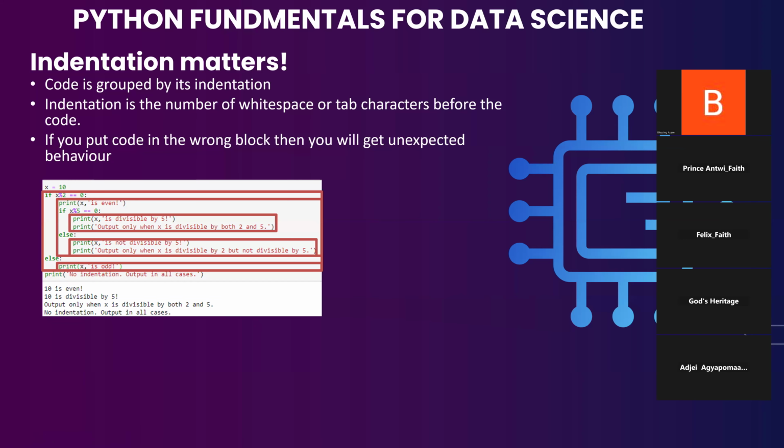So in this example, let's forget about the second one. Output only when x is divisible by both 2 and 5. Anyway, that one is not really. Else this, else that.